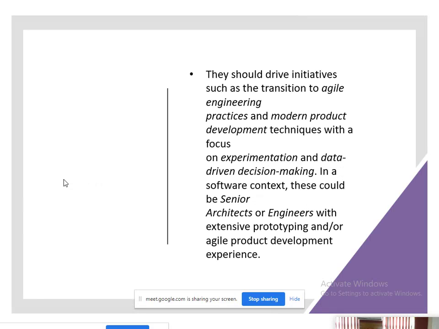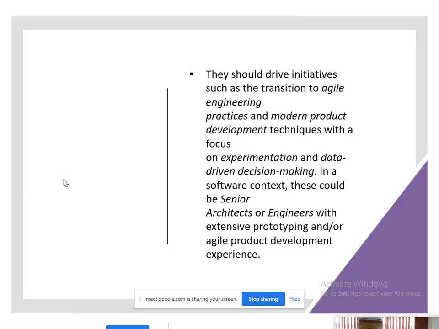Then next, they should drive initiatives such as the transition to agile engineering practices and modern product development techniques with a focus on experimentation and data-driven decision making. In a software context, this could be senior architects or engineers with extensive prototyping and or agile product development experience. That means in software engineering, there is a term called re-engineering.